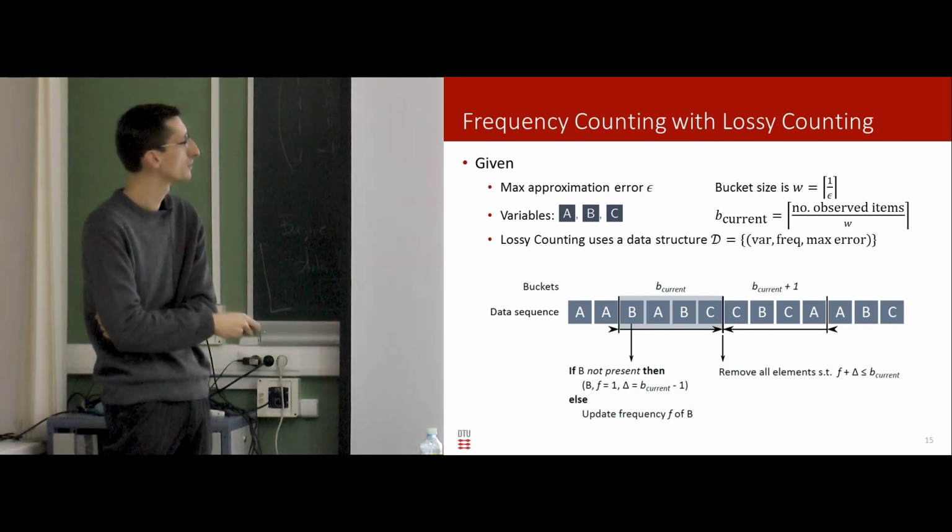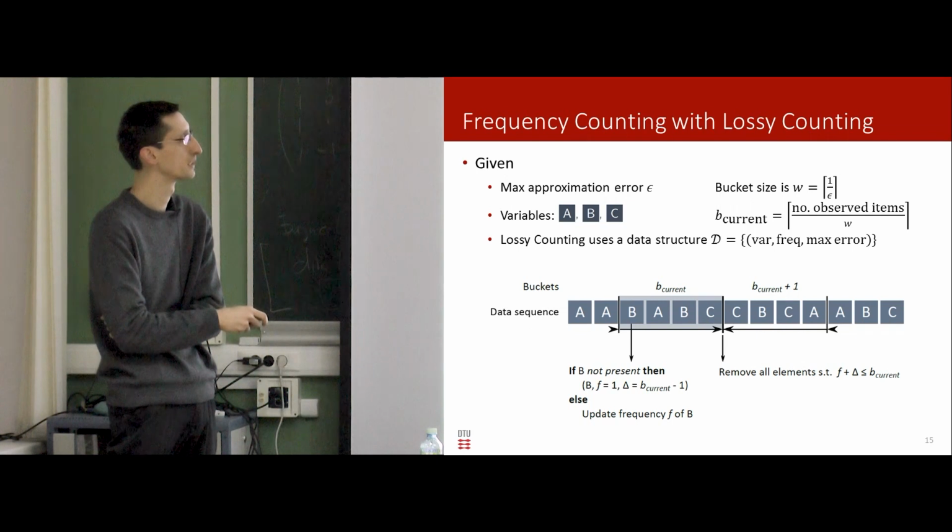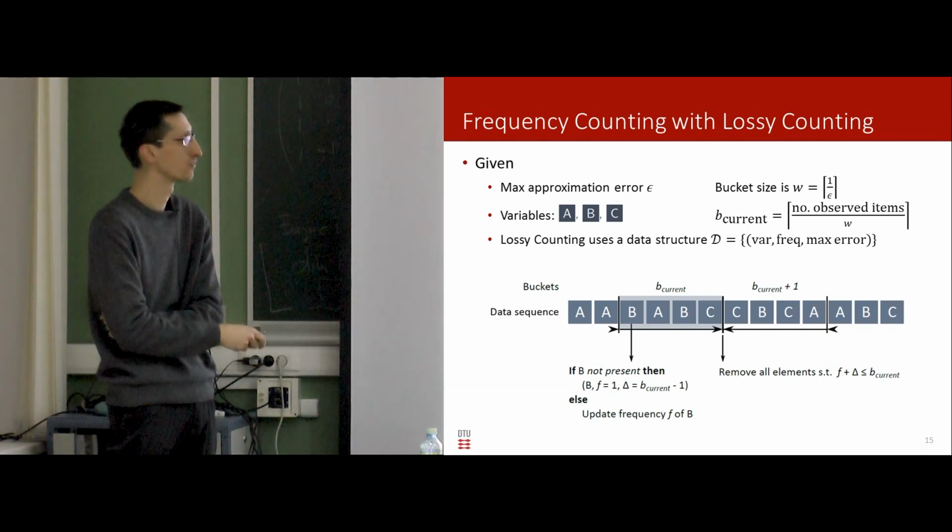So let's say this is our data stream, okay? This is our sequence of variables. We divide this stream into these virtual buckets using this representation here. So we count how many items we observed, we divide this number by our bucket size, and we have this notion of virtual buckets, okay?